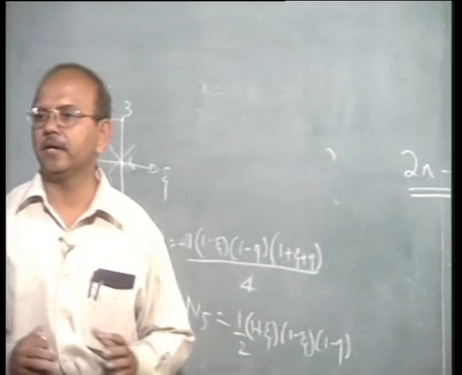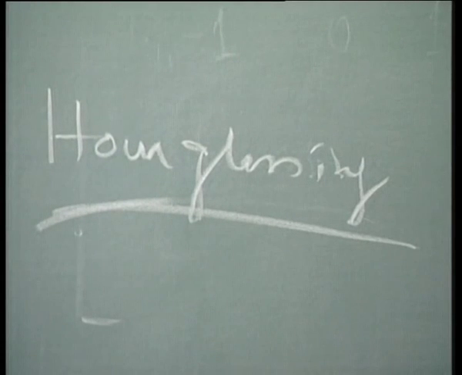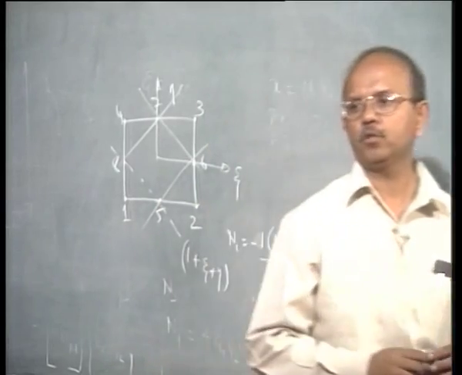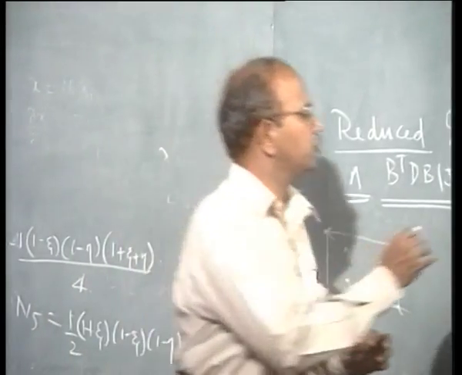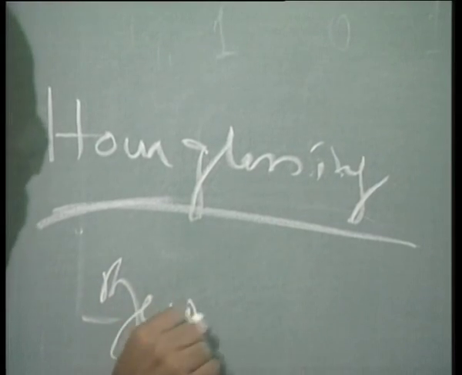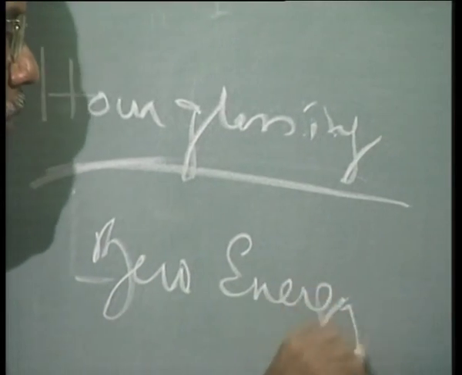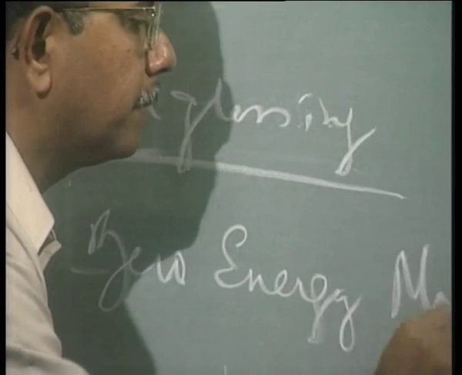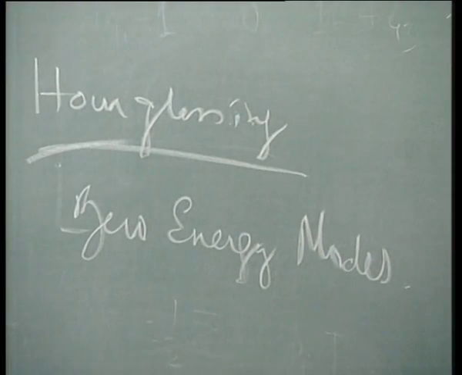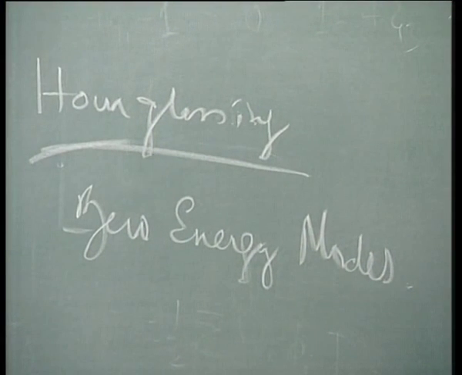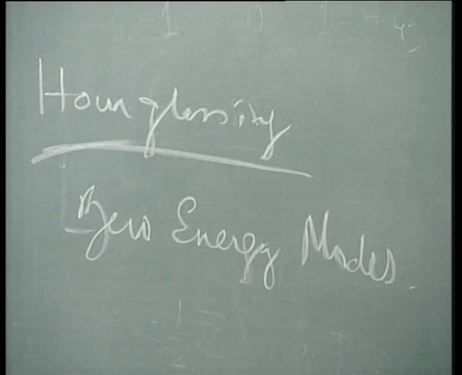Hourglassing is known by different names. Sometimes people call this spurious energy modes or zero energy modes. People sometimes call them rank deficiency and so on.